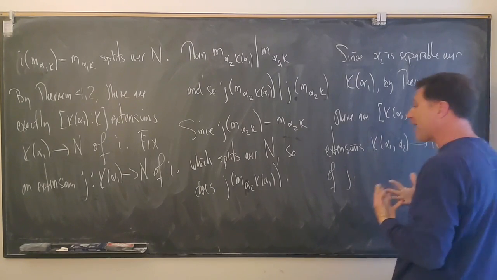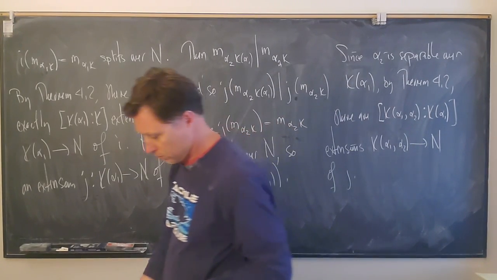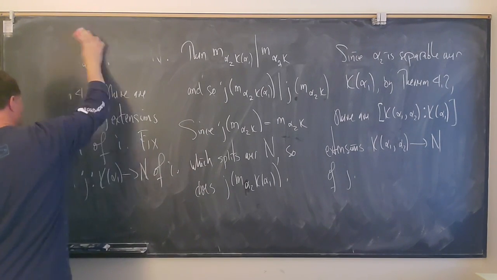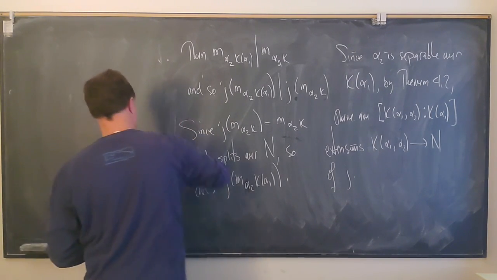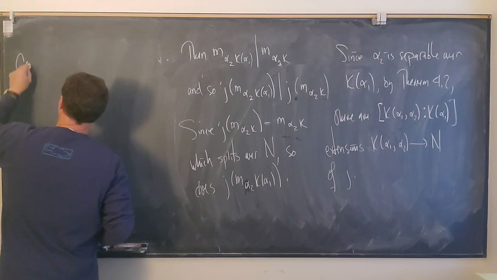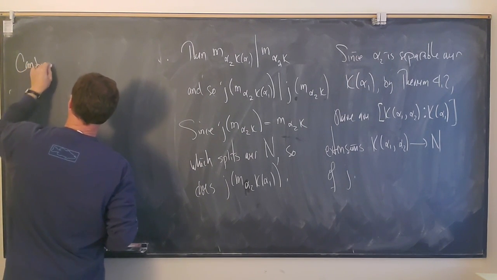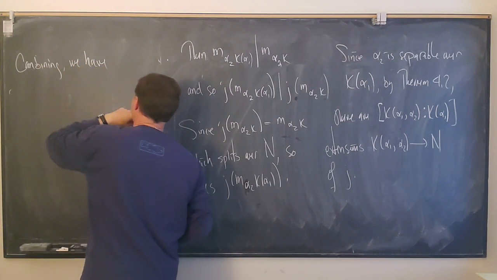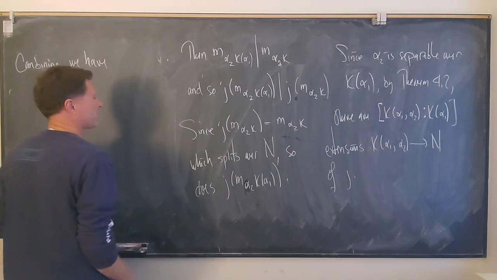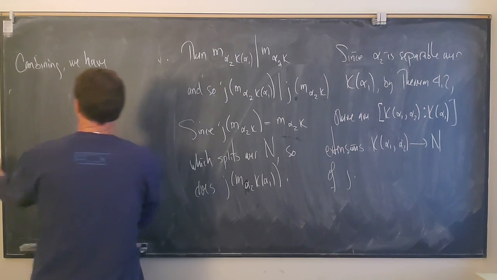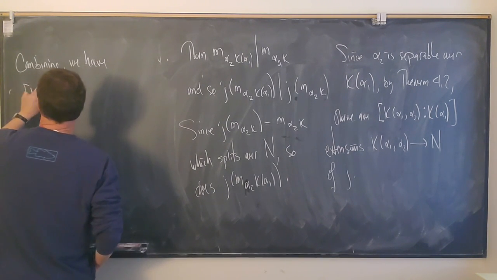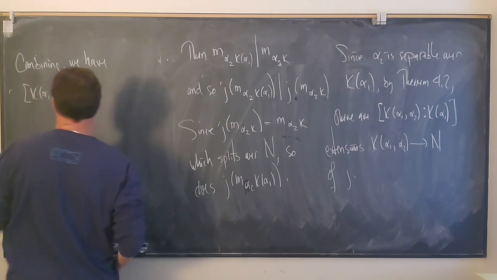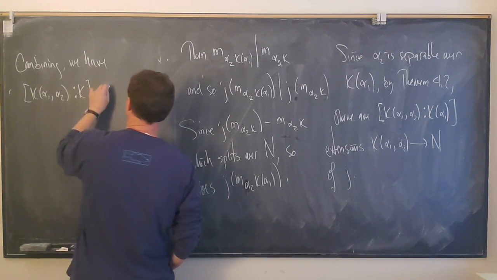So if you combine those two, so combining, well, okay, I'm just going to throw the tower law at it. So it's going to be K adjoin alpha 1, alpha 2 over K extensions.